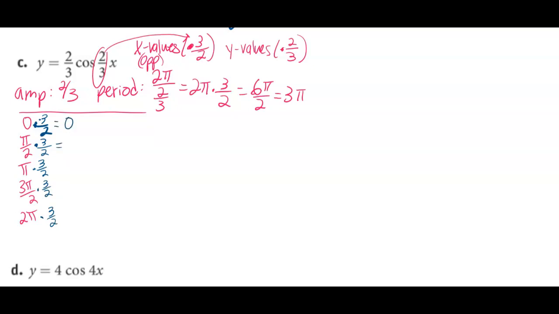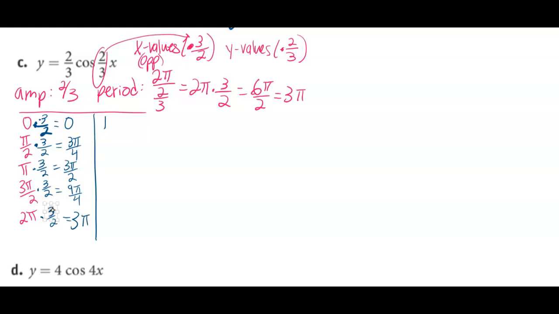So we get 0, 3 pi over 4, 3 pi over 2, 3 times 3, 9 pi over 4. 2 times 3 is 6 pi over 2, which we reduce to 3 pi.